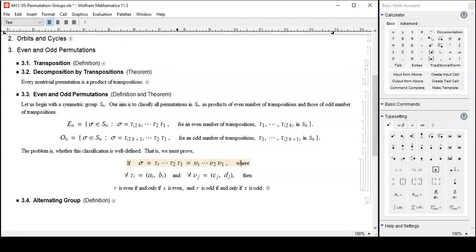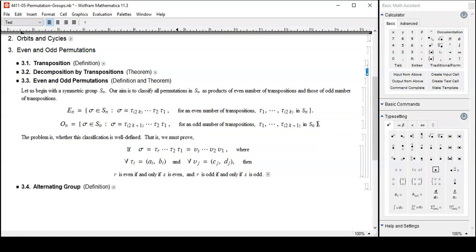So in any case, we need either even or odd number of transpositions, not both. So we can classify the permutations as even permutations, which require even number of transpositions, and odd permutations, which require odd number of transpositions.